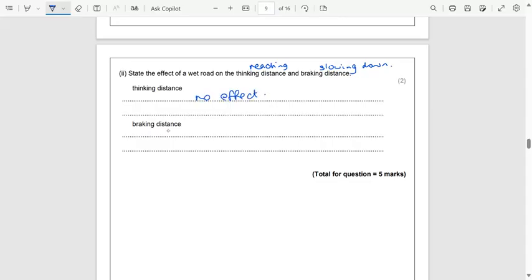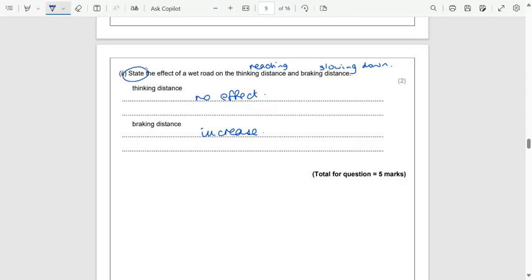However, the braking distance it will affect, because if the road is wet, it will brake less easily. There'll be less grip, and so it could slide or something like that. So it's actually going to increase the braking distance.